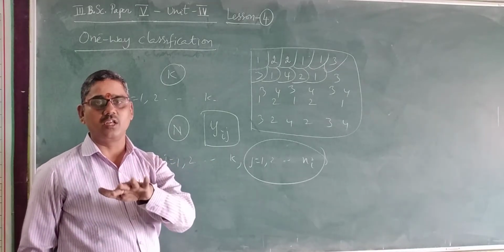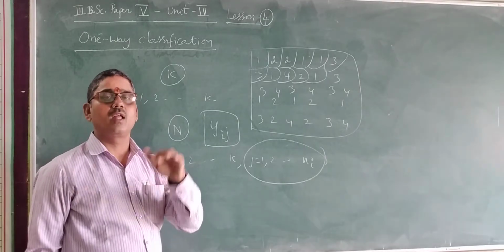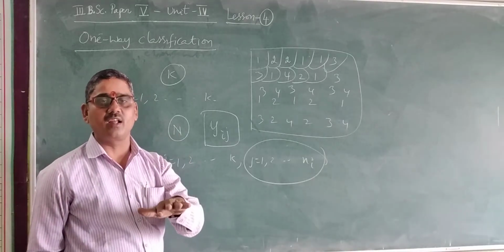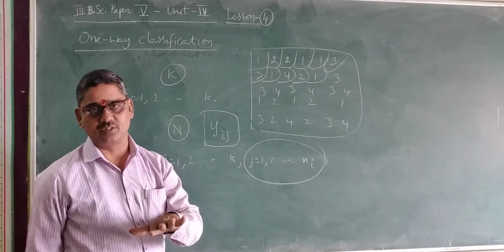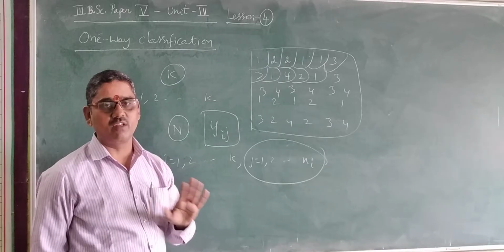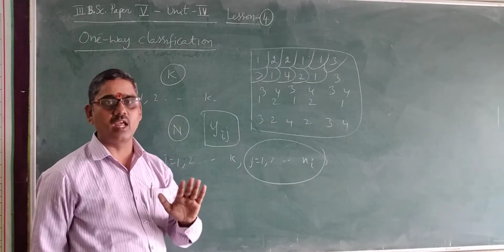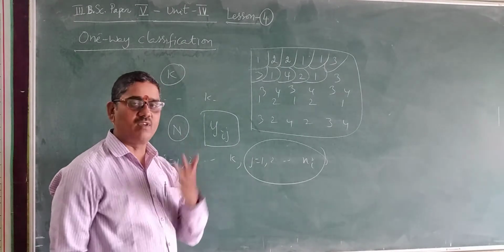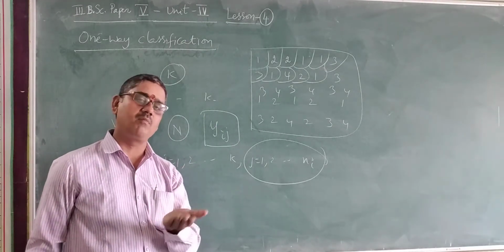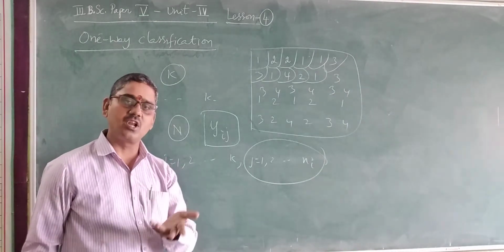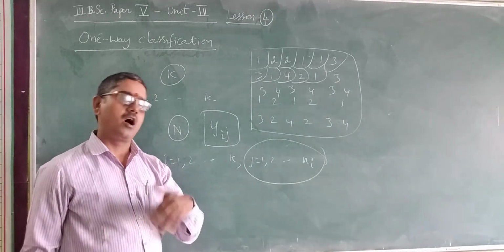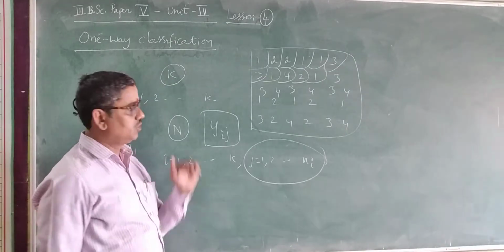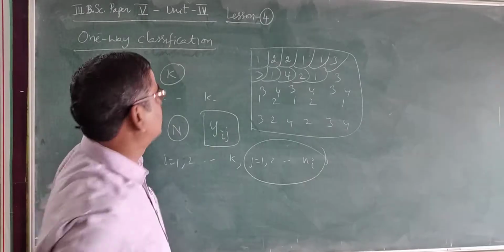If they are not equal, then it is said to be one-way classified data with unequal number of observations. That is the only difference. It may be equal, or we may not consider equal number of times. So that is regarding the treatments.